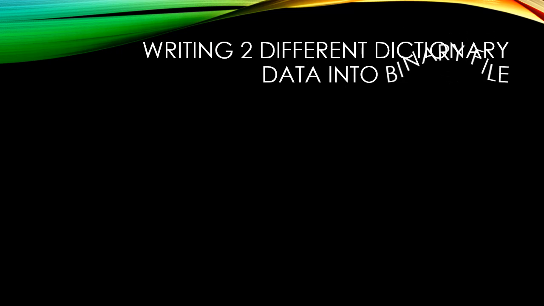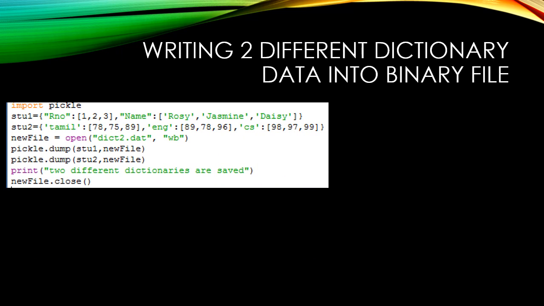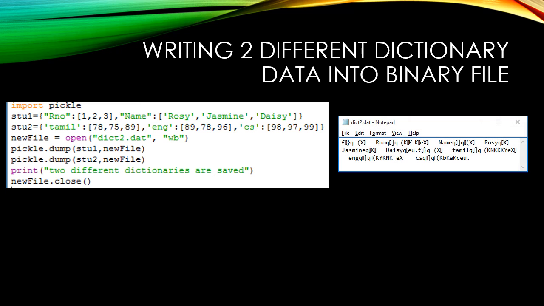And next we can store two different dictionaries in a single file. See here, the first dictionary name is stu1 and the second dictionary name is stu2. To write these two dictionaries, we use the dump method two times. The name of the file is dict2.dat in write binary mode.